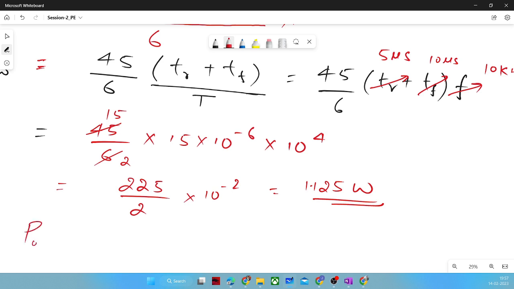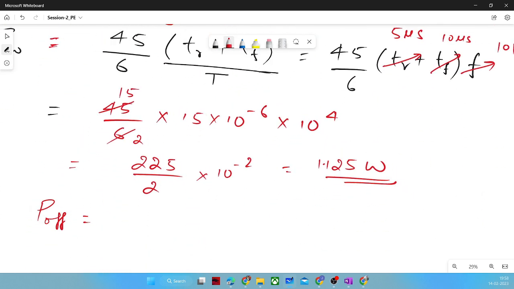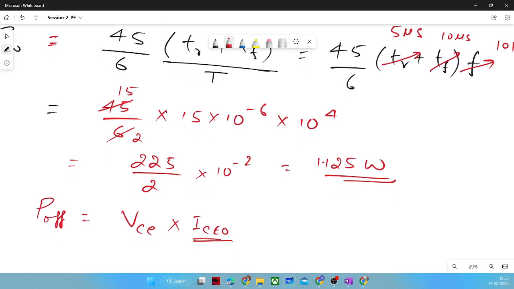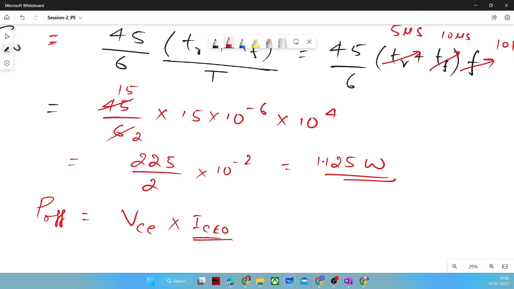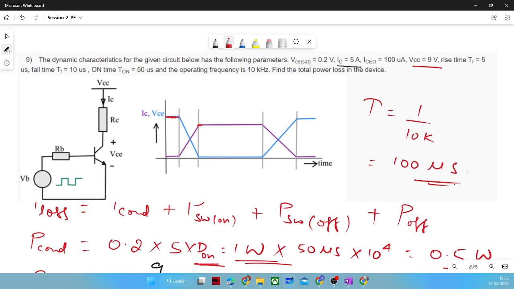And off state loss, during off, the value of VCE into ICEO. What you were saying, that some current will flow due to majority carrier devices, that will be your leakage current. So when this current is emitted to collector when base open, that is VCE we have anyway, that is for off state.